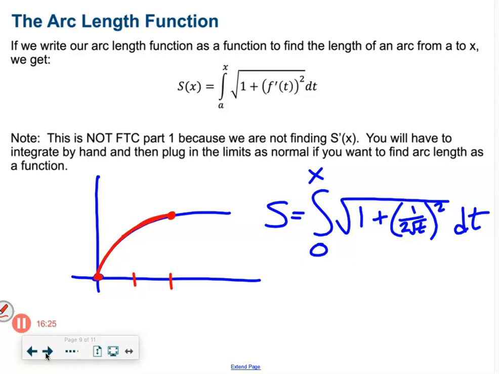So all that being said, this is not an FTC part 1. Even though there's a variable in the limits, we're not doing a derivative, right? So this is just a regular old set it up and be happy. What? The rate of change of the arc length? That actually sounds a lot like curvature, like concavity, kind of almost.